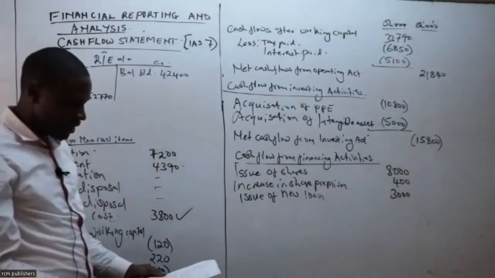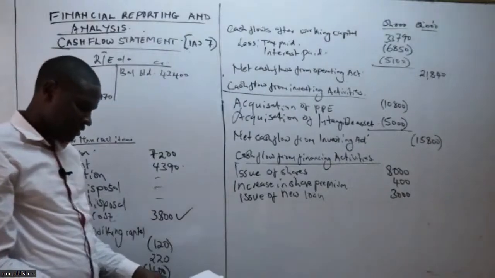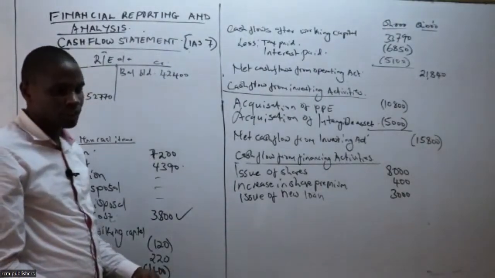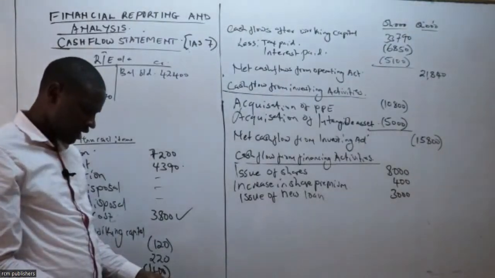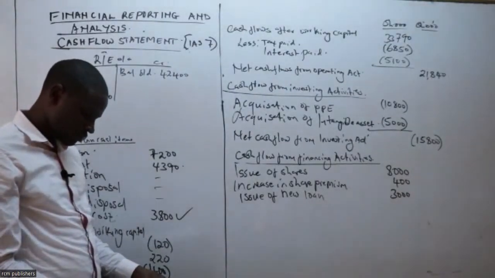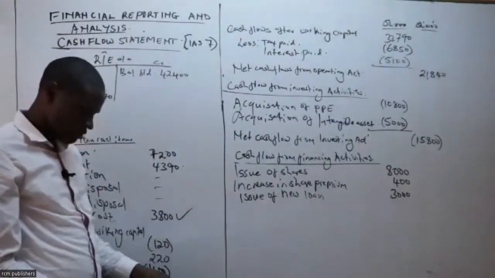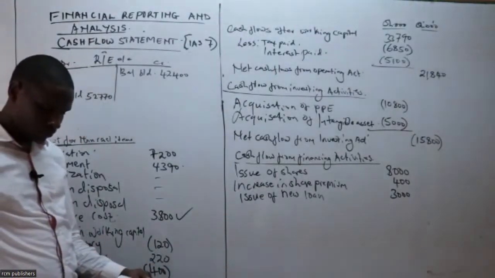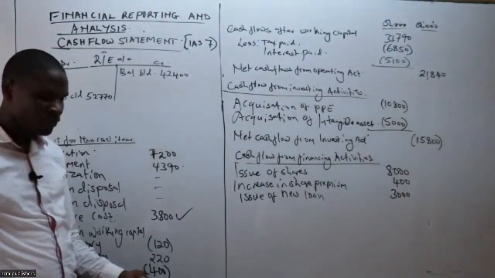Then you ask yourself, what was the retained earning in the income statement? Somebody give us the retained earning there, how much is it? Our income statement. Can you see the profit for the year?